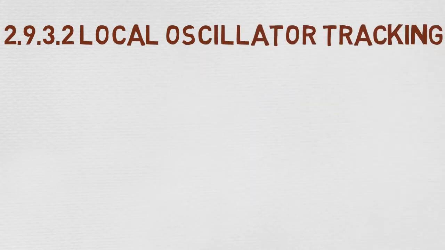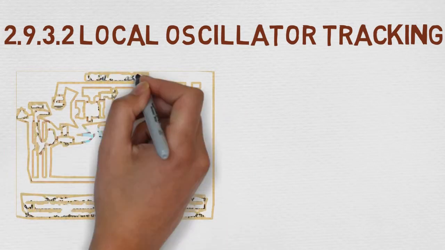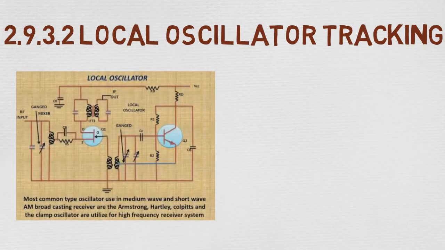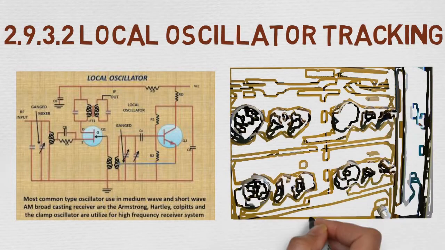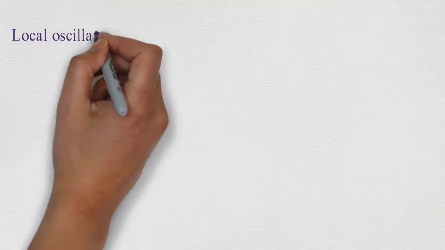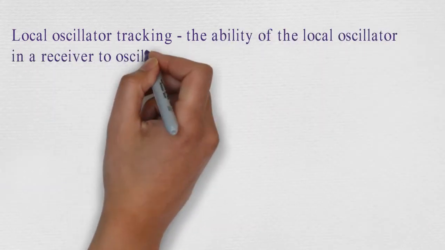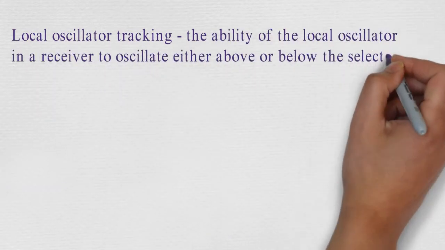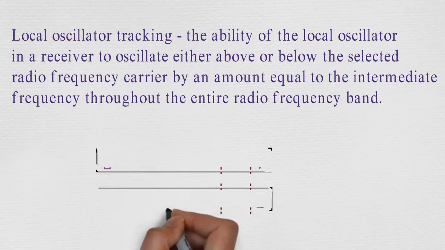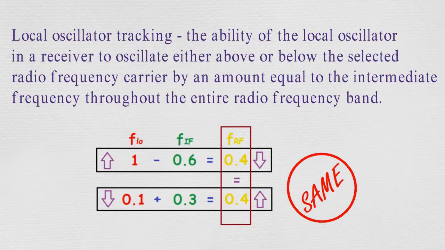Let us see, what is local oscillator tracking? Local oscillator tracking is the ability of the local oscillator in a receiver to oscillate either above or below the selected radio frequency carrier by an amount equal to the intermediate frequency throughout the entire radio frequency band.